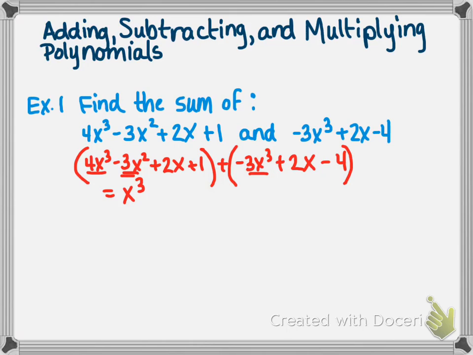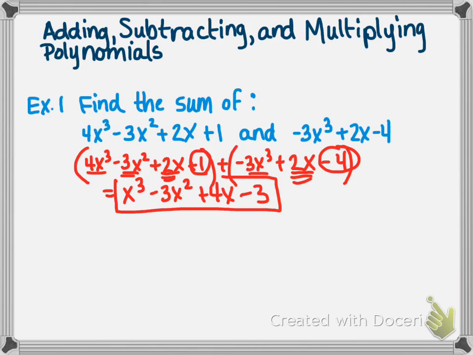Negative 3x squared is the only squared term, so it comes down. X terms, I've got 2x and 2x. When we add them, we get 4x. In constants, I have 1 and negative 4. 1 plus negative 4 is negative 3. So my sum is x cubed minus 3x squared plus 4x minus 3.